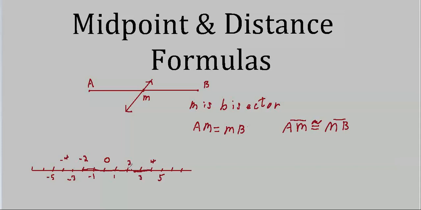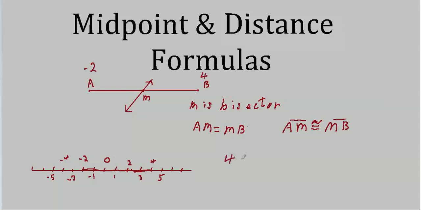This is one form of the midpoint formula. It's very simple, especially on a number line. All we have to do is add the two numbers, because it turns out the midpoint here, let's say A was -2 and B was 4 on this number line here. The midpoint is in fact the average of these two values.